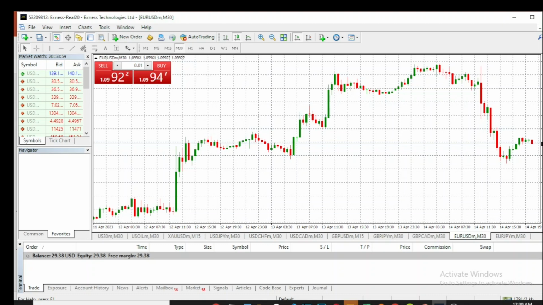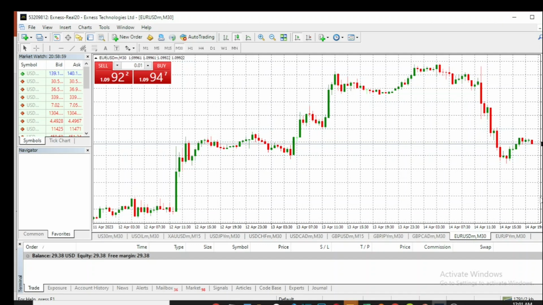If you are trading a mini lot, one pip movement will mean $1. For the standard lot, one pip movement means $10. For the mini lot, one pip movement means $1. And if you are trading a micro lot, one pip movement means $0.10, or the value in whatever currency you're trading, but let's move with dollars.